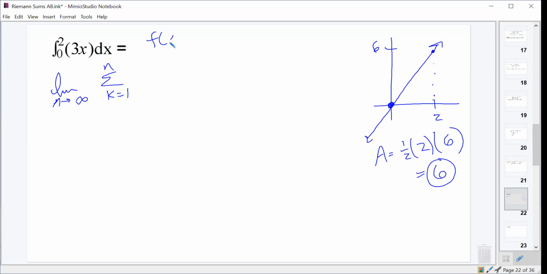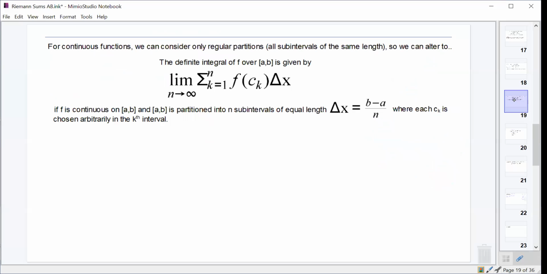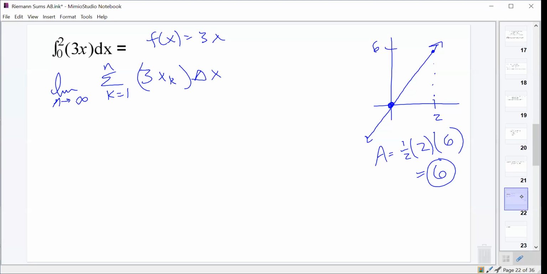Well, what's f of x? It's just our function, right? So f of x sub k ought to be 3x sub k, times our delta x. So everybody see how that's what we had here? Limit as n approaches infinity, sum from k equals 1 to n, f of our point times delta x. Good or no?